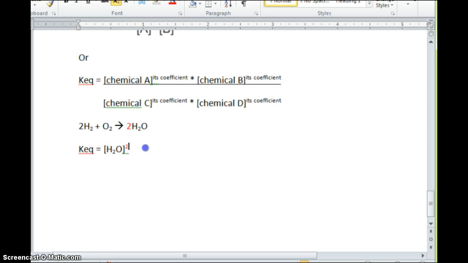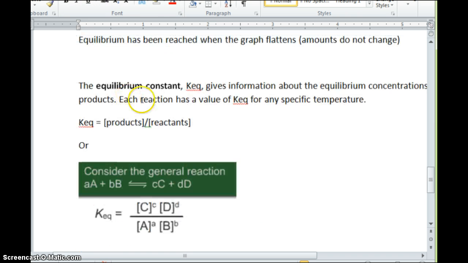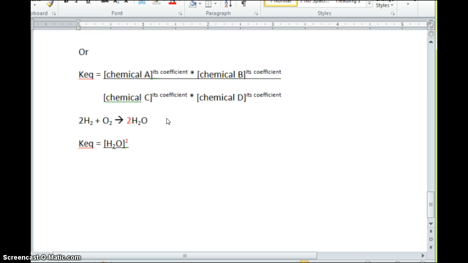Okay? And then what would go on the bottom? So if you didn't hit pause before, go ahead and hit pause now and see if you can finish it on your own. If you can't, that's okay. This is the first time you're seeing it, and we are practicing. And so now on the bottom goes my concentration of my reactants. I have both of these, so I'm going to put those on the bottom and write concentration of.